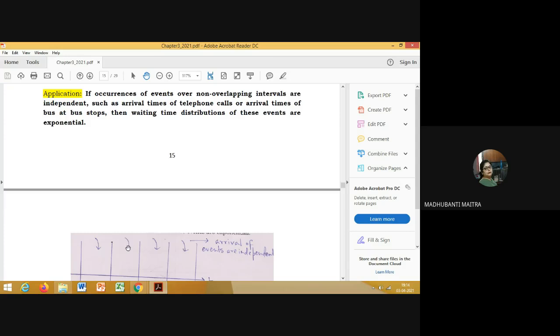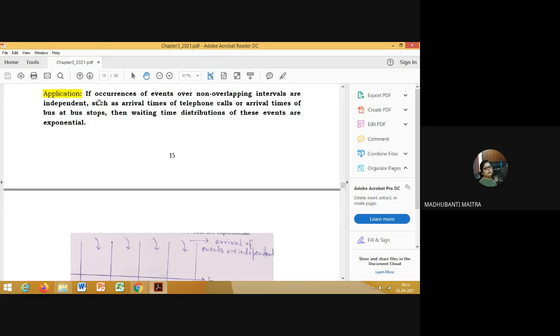Now, intuitively, we can appreciate the fact that arrival of these three buses in this time period is completely independent of the fact of arrival of a few buses in the previous 1 hour, isn't it? So this arrival of events are independent in nature. So again, let's go through it.